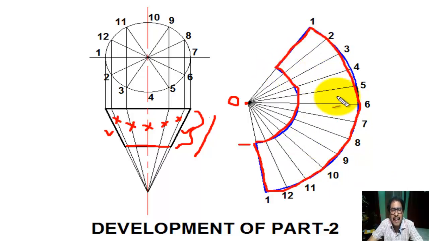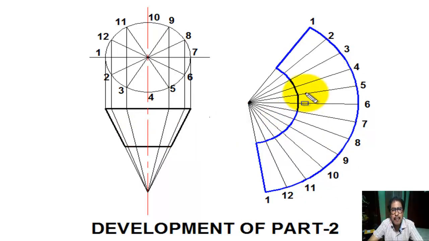Now this is the development of part 2. Okay, it is clear, my student? Development of the funnel is divided into 2 parts, development of part 1 and development of part 2. Okay, thank you.